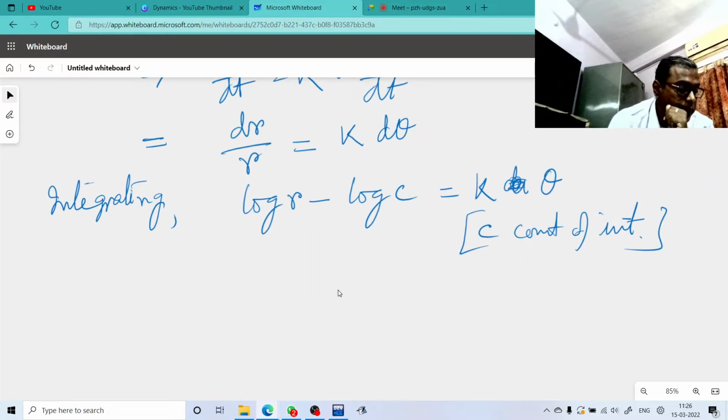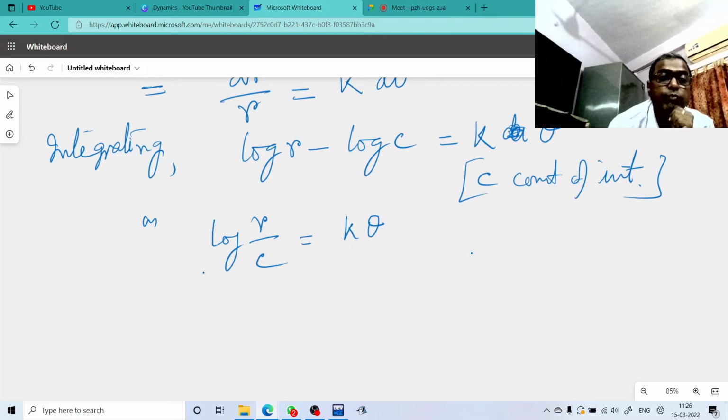Or log r by c equals k theta. So r by c is equal to exponential k theta.